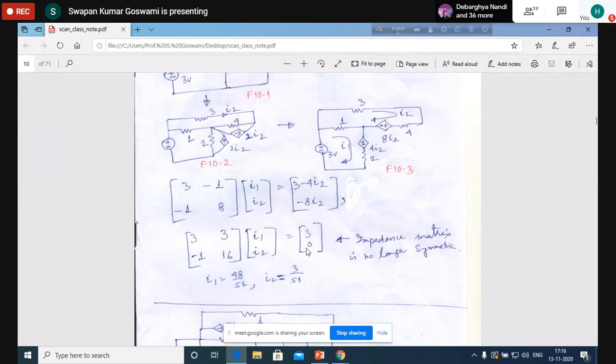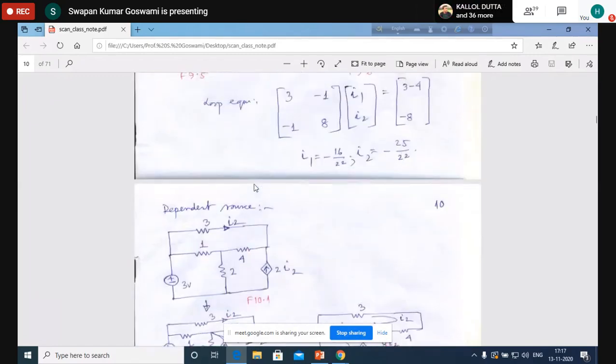Now you see that this is the impedance matrix into current vector equal to voltage. This impedance matrix has again become asymmetric, because here we have 3 and here we have minus 1. That means the final form of the loop impedance matrix is no longer symmetric, and this is due to the appearance of the dependent source.